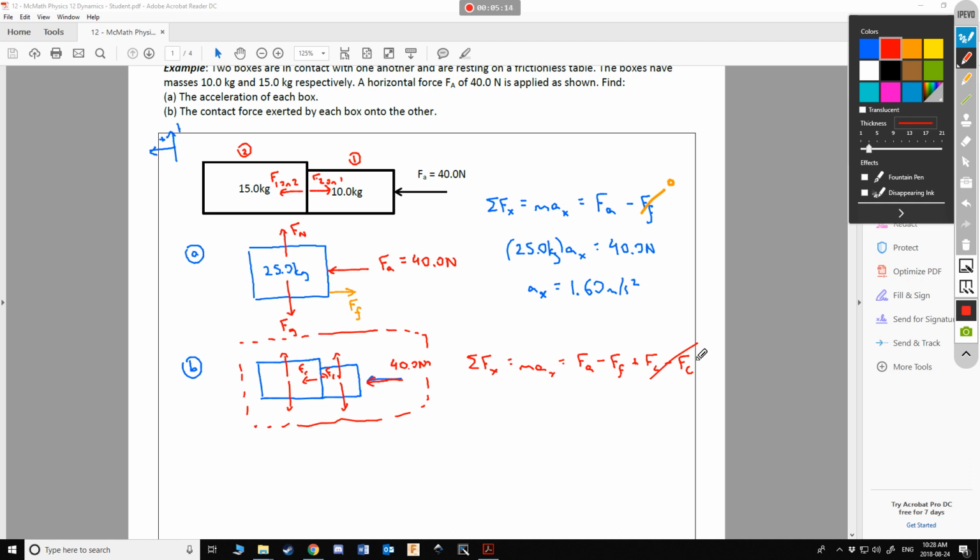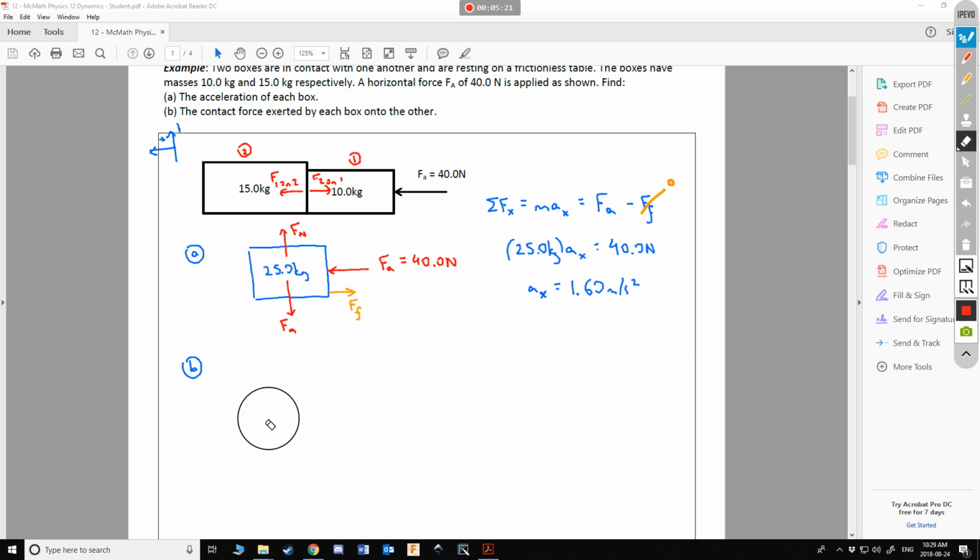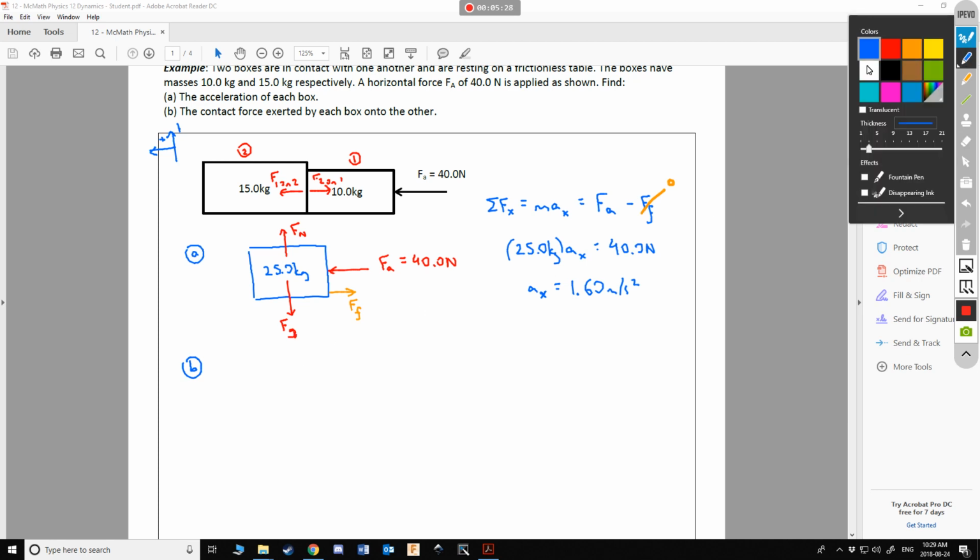So what we need to do is look at each block individually if we want to solve for the contact force. And it doesn't matter which one we look at. If we look at the 10 kilogram block, here's my 10.0 kilogram block.